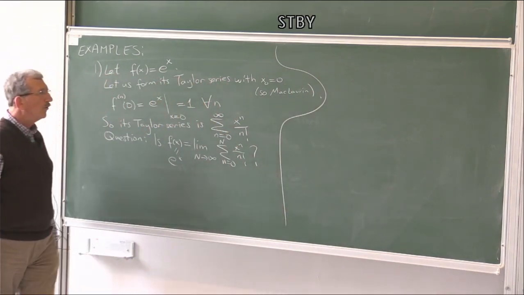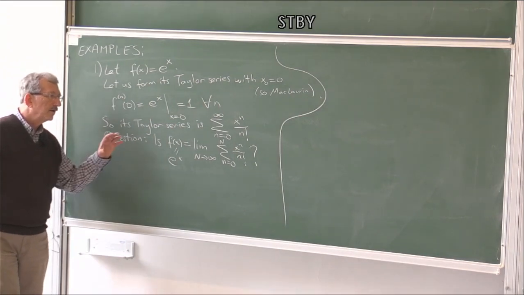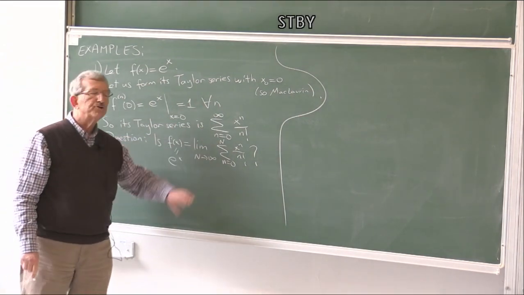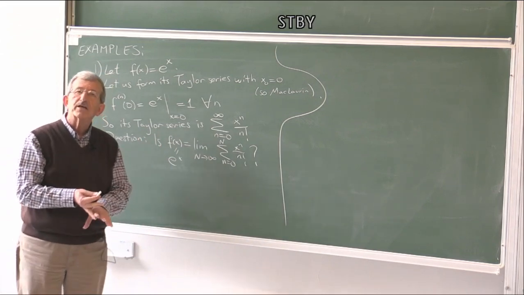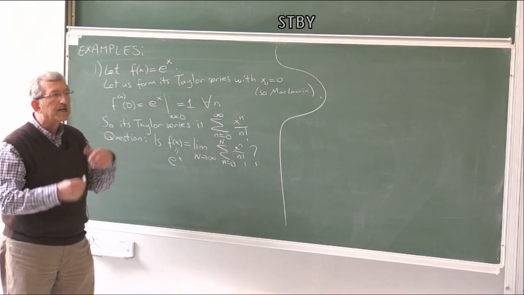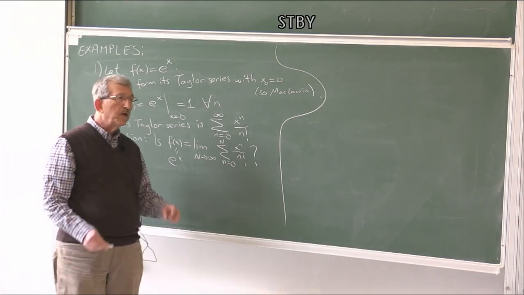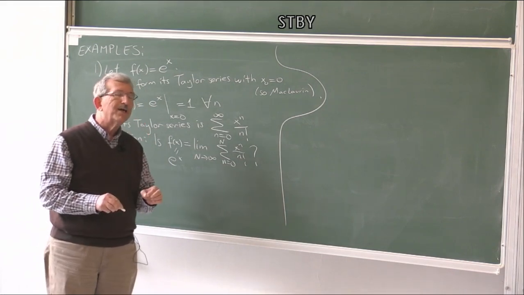Well, you note that unlike the derivations of Taylor series for arctangent, logarithm of 1 plus x, and so on, or the 1 over 1 minus x function, we did not start from an equality.